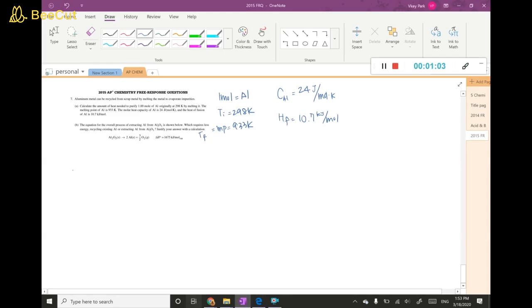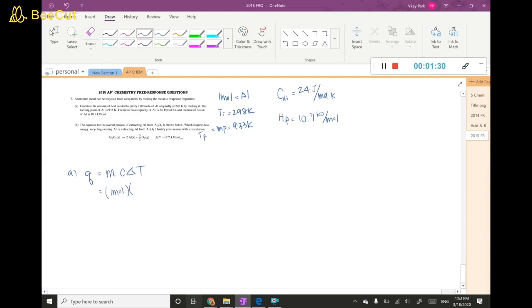So A says they want you to figure out the total heat needed. So heat needed is Q equals MC delta T, right? So what is M? Usually it's going to be mass, but in this scenario we're going to be using moles because everything else they have given us is in moles. So I have 1 mole.